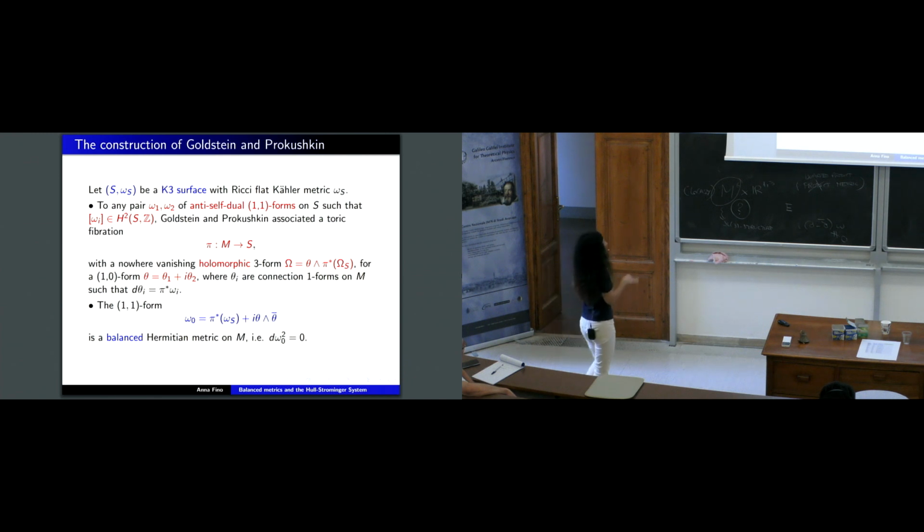And then it's quite natural to have a balanced metric, because you just take the pullback of the form down, and then you just use theta wedge theta bar, essentially the vertical part.